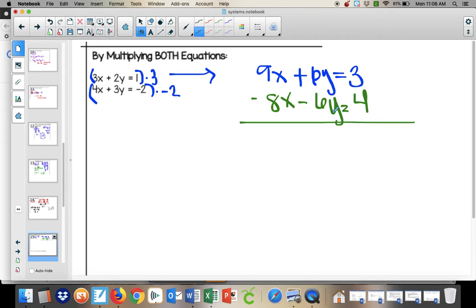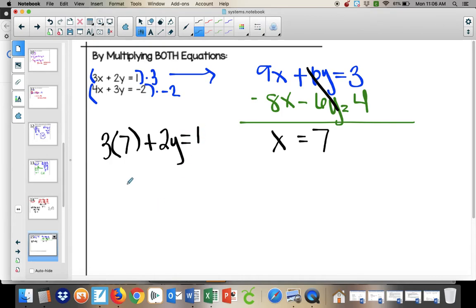So we make sure, can we eliminate our x's? No. But can we eliminate our y's? Yes. That turns into 0. So then I'm left with 9 take away 8 is just 1x. 3 plus 4 is 7. So x is 7. Now let's put that in. So I'm just going to put it in the top again. 3 times 7 plus 2y is 1.